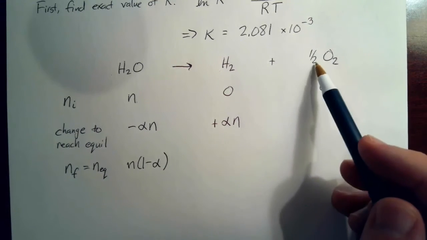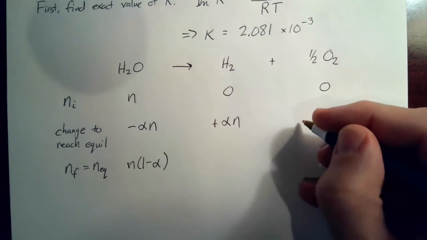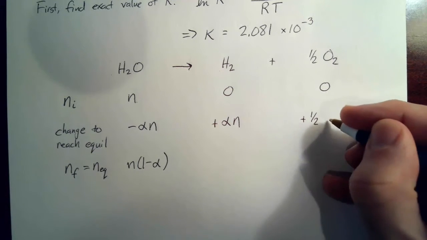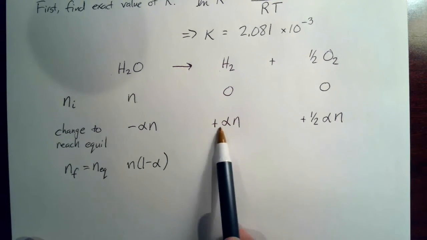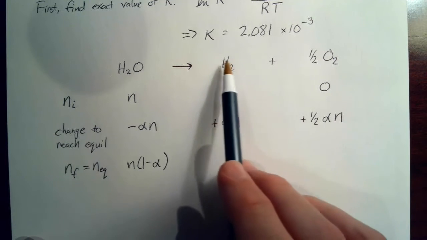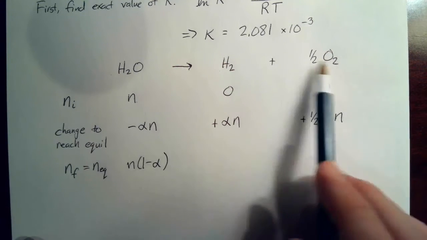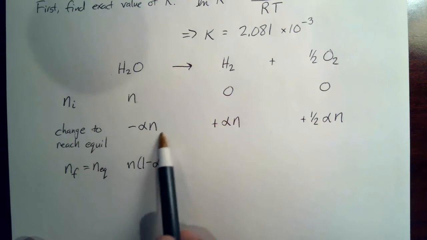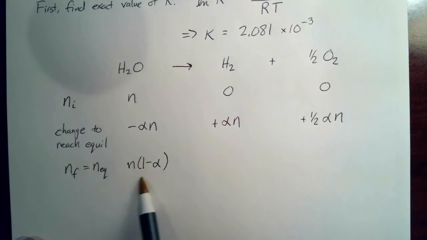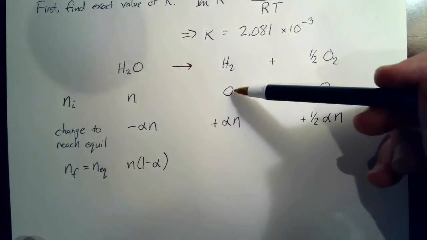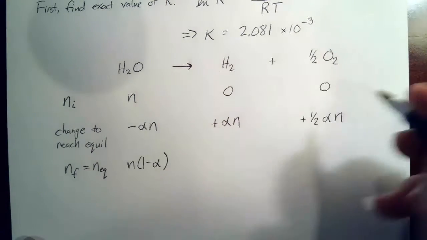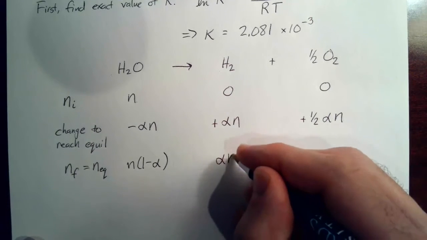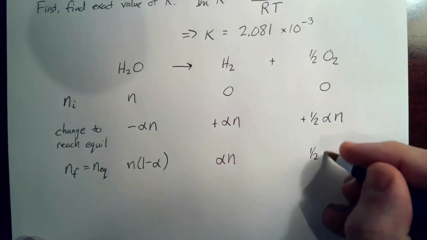And for O2, the stoichiometric coefficient is a half, so it's going to increase by a half as much as the H2O decreased. Okay, so we got these two from the chemical equation, and we got this one from the definition of alpha. Now over here, we can add these together to get the final amounts of H2 and O2. So 0 plus alpha n and 0 plus 1/2 alpha n.